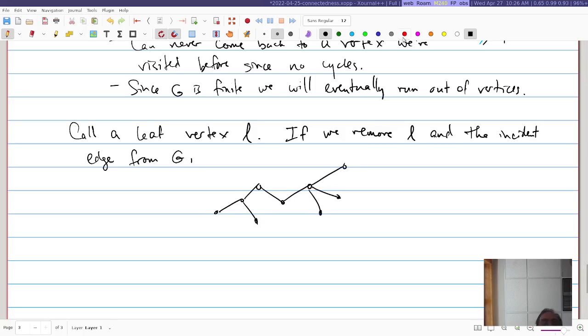Right, so maybe this is L here. And so we're going to remove that vertex and edge. Then what are we left with?